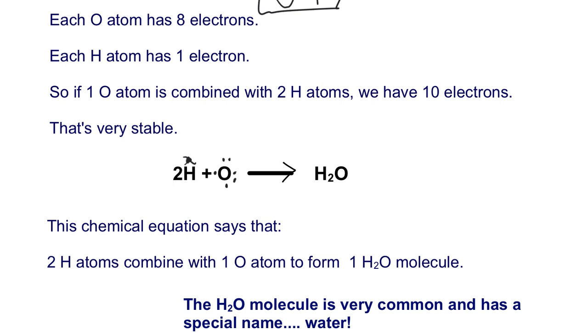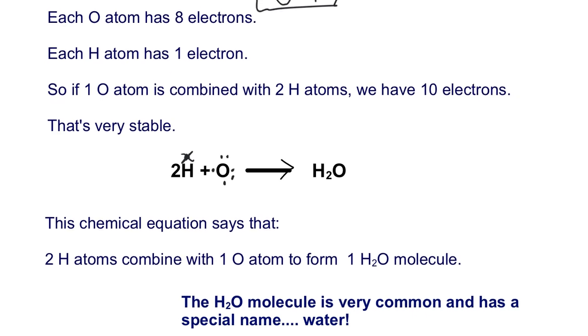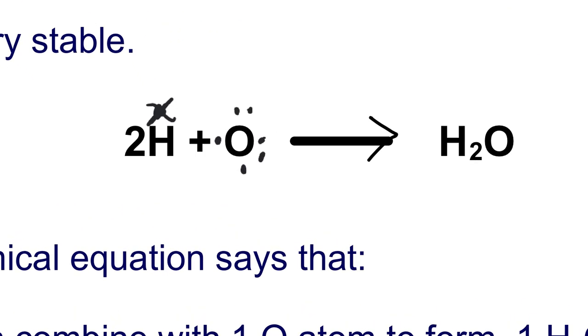I make this an X instead of a dot, or you can do different colors. Now you can see that oxygen wants 2 more electrons, so 1 there and 1 here, to give it 8.